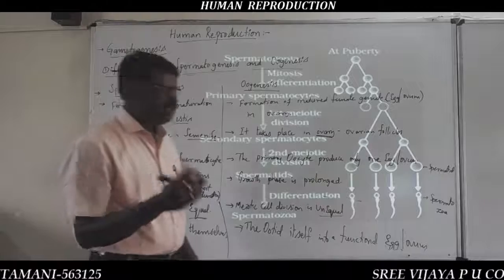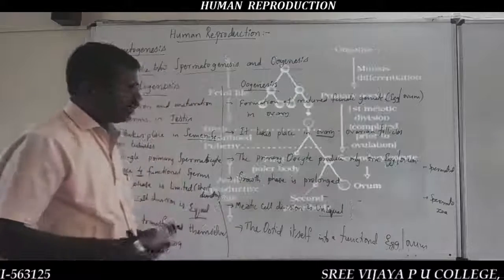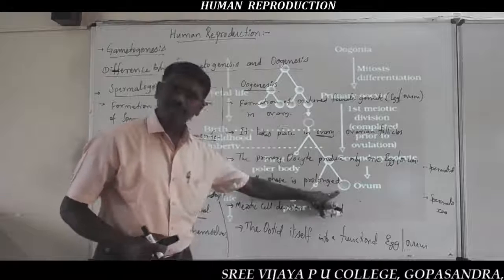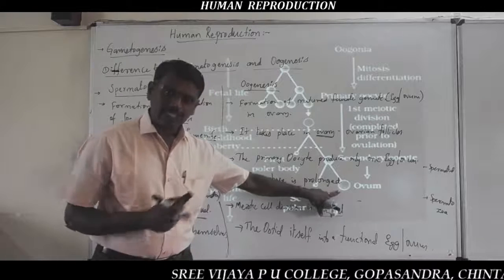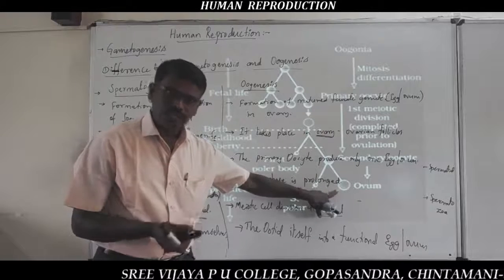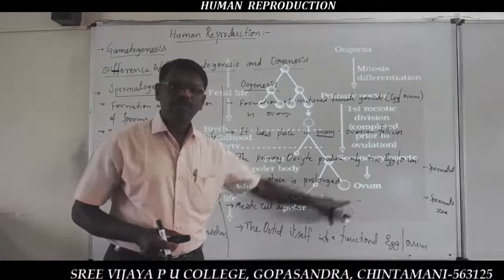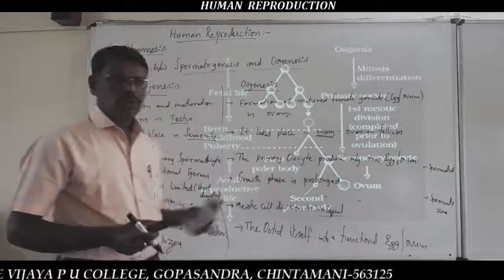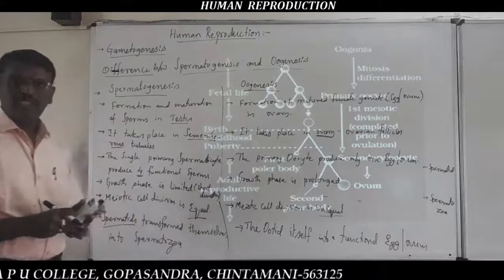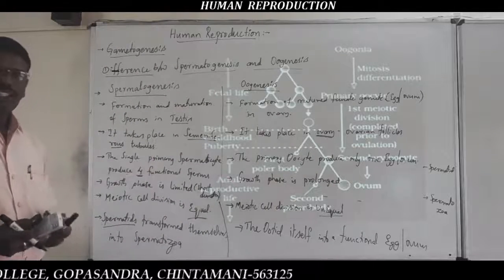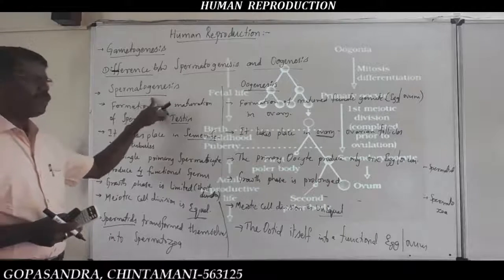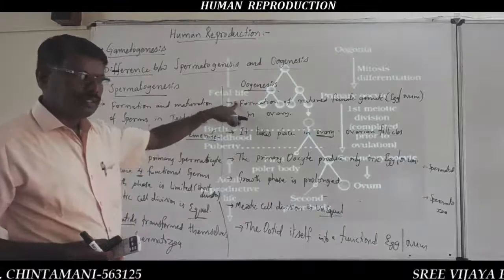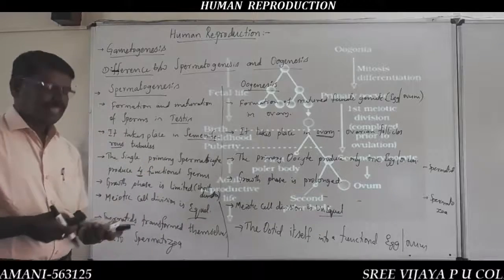What is finally formed in oogenesis is also called the ootid or ovum. The ootid itself is the egg or ovum in oogenesis. So these are the differences between spermatogenesis and oogenesis. Got it? Okay.